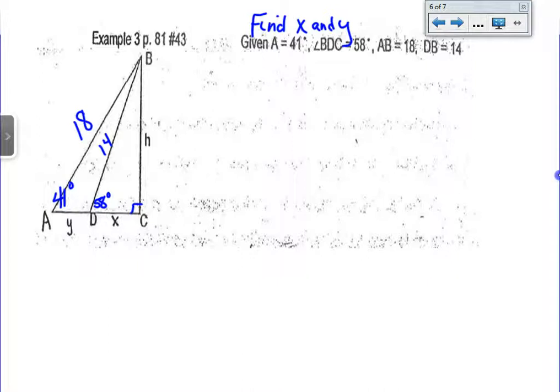Let's start with x. This value right here is what we're trying to find. So I think I can set up cosine of 58 equals x over 14, because that would be adjacent over hypotenuse. And when I cross multiply that, I get 7.4. I rounded to 2 sig figs because that's what's going on in this problem.